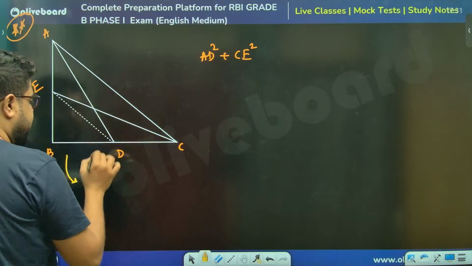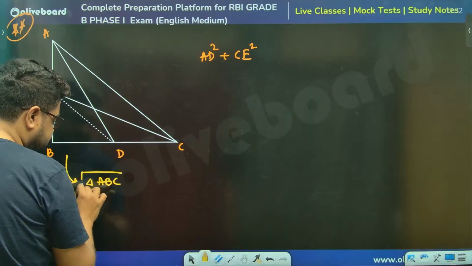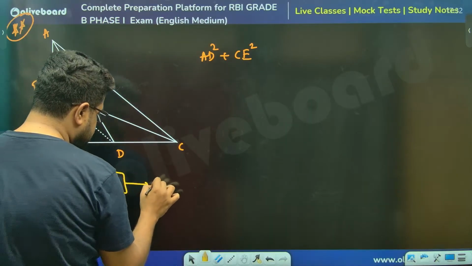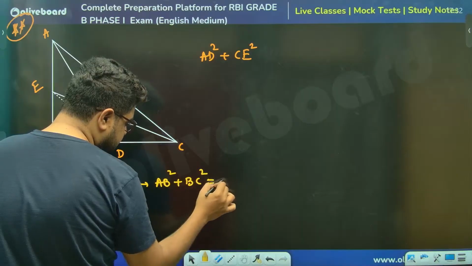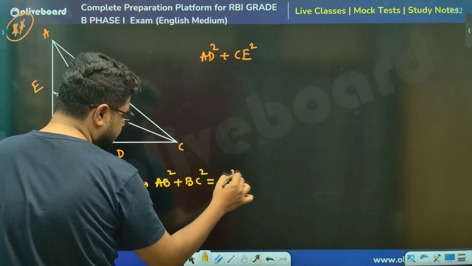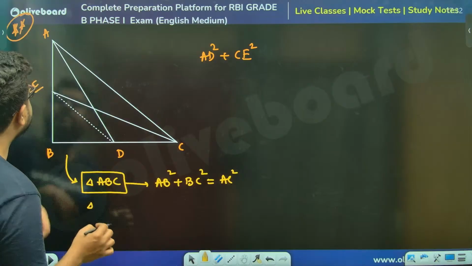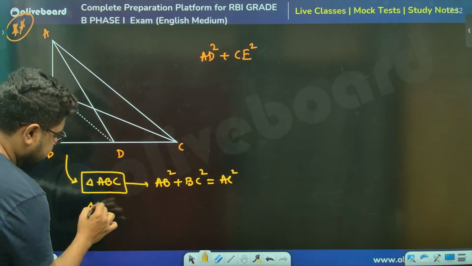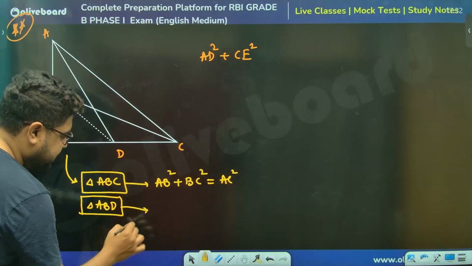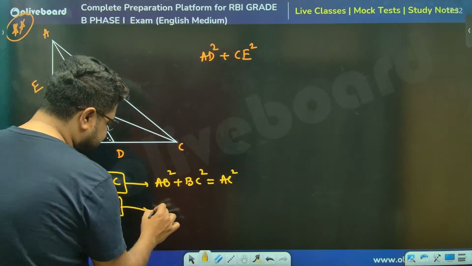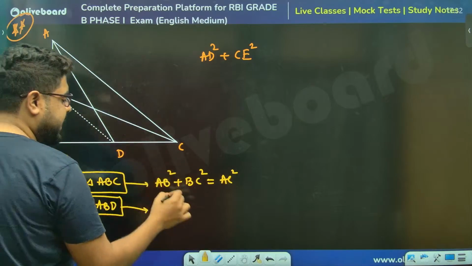Take the right angle triangles. The first right angle triangle, as I can see, is the biggest one, that is ABC. Here I can say AB square plus BC square is equal to AC square. Everyone agrees? Next right angle triangle: ABD is a right angle triangle. Any disagreements, please let me know. From there I get AD square equal to AB square plus BD square.